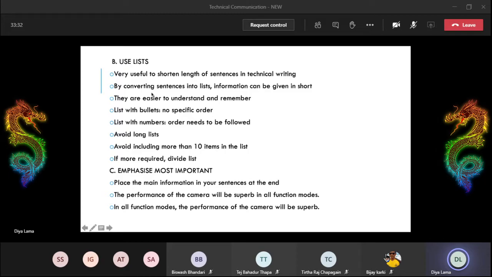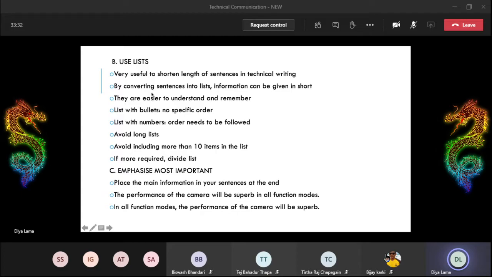As a student, you must know it's always easier to remember if something is in a list, if something is a bit shorter than paragraphs. So that's why it is always better to use lists.